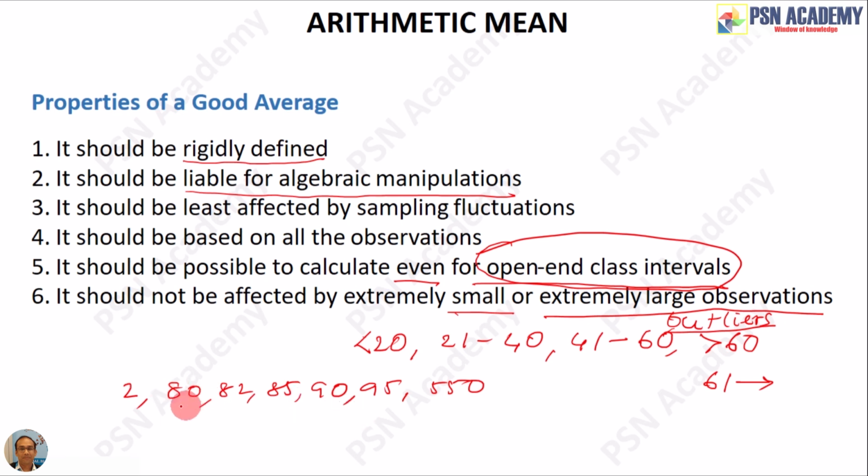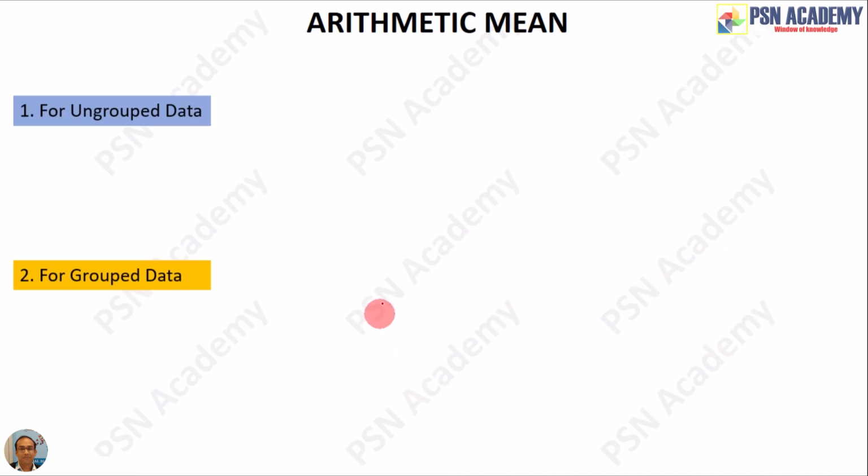So you see that these numbers 80, 82, 85, 90 and 95 are very close to each other, whereas there is a long gap between the first number and the second number, and a long gap between the second last number and the last number. So this is an outlier and this is also an outlier on the other side. If you have this kind of data and you have a good average, then this kind of data set will not affect your average. Okay. Now we start with arithmetic mean and we will deal with two types of data.